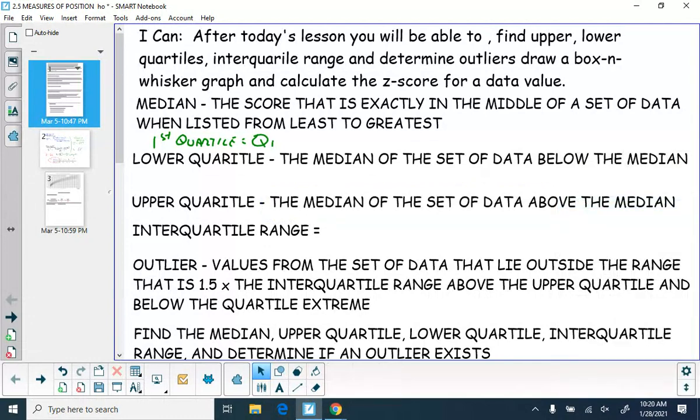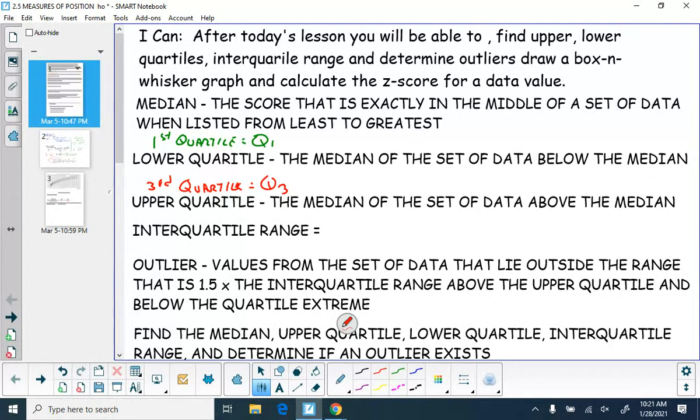The upper quartile is the exact same thing, but it's the data above the median. The median of the set of data above the median. This is the third quartile, Q3.